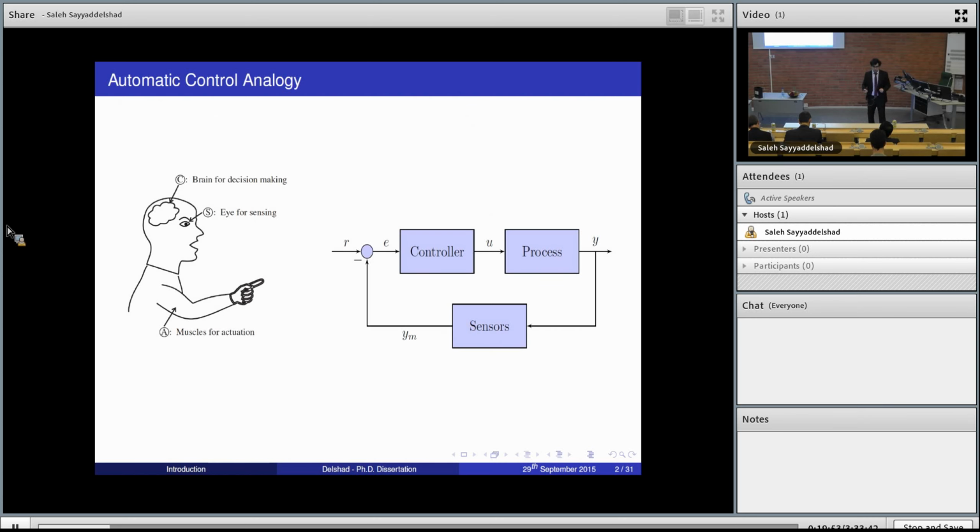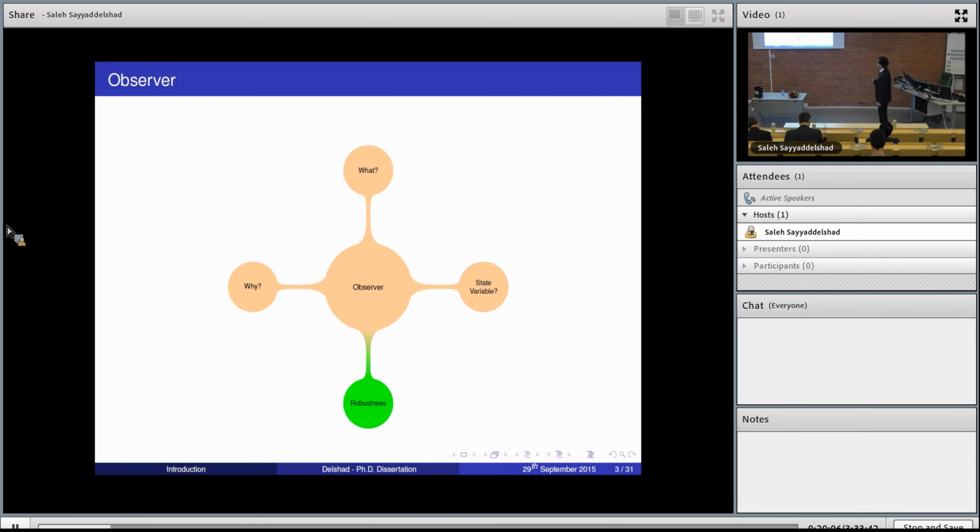So we try to design a virtual sensor to estimate those quantities. That's why we are focusing on the observer, which is simply a dynamic system that uses the measurements and the inputs. We will take a look later at a more scientific definition. It uses the input and the output and gives you an estimate of your system state.